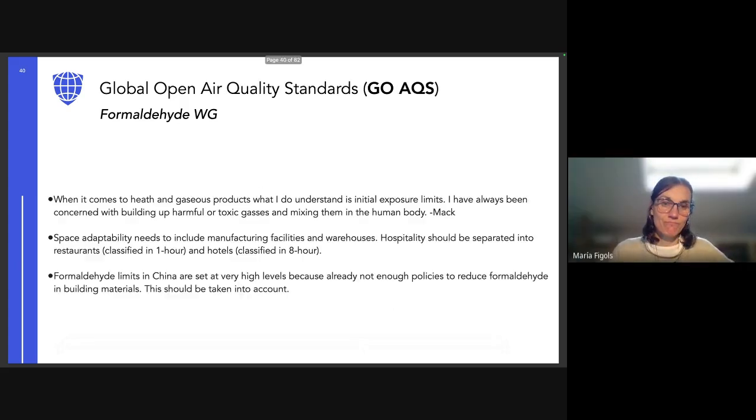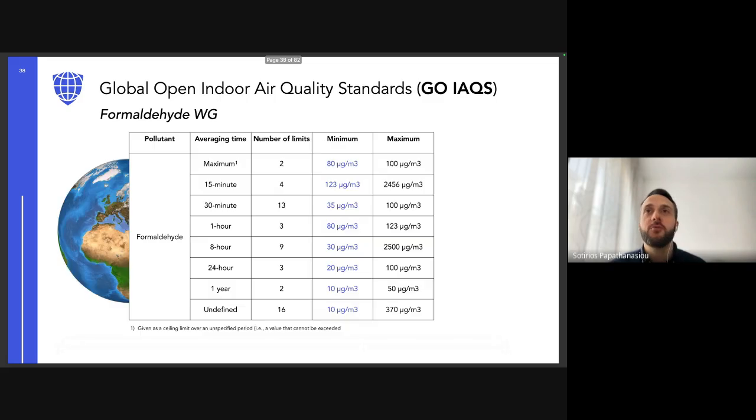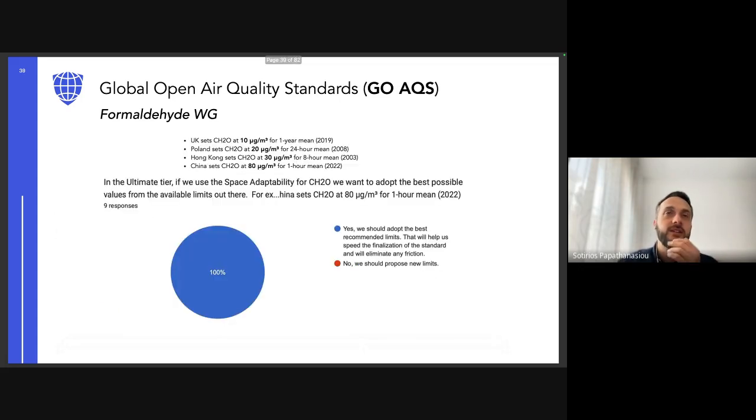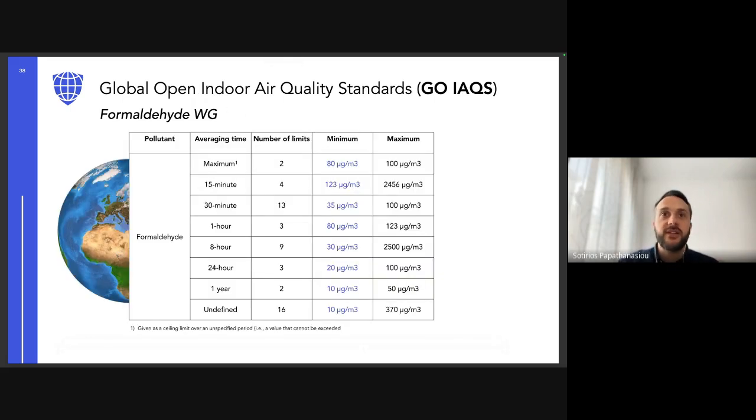Okay. So unless someone wants to add something else regarding the limit number that we should adopt, I would like to conclude that it makes sense that we don't follow those space availability features with formaldehyde as well, and have a threshold, a ceiling limit, which is probably going to be the lowest we can get, inside the GoEQS framework.